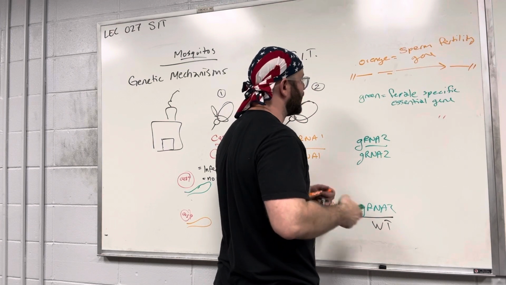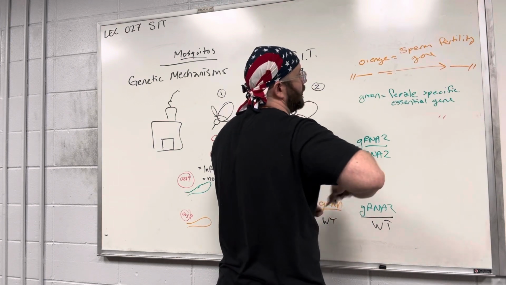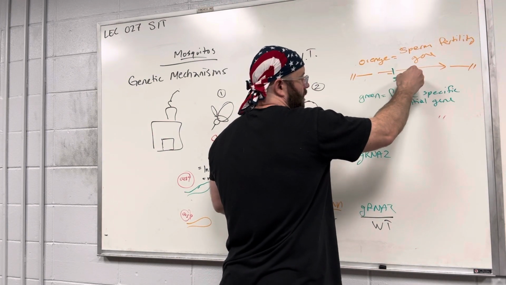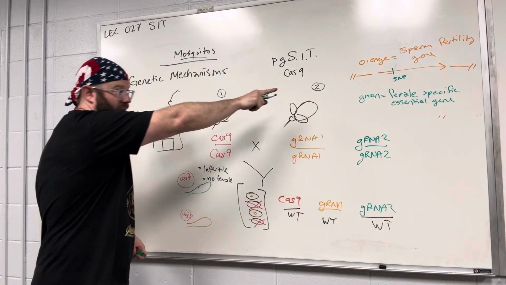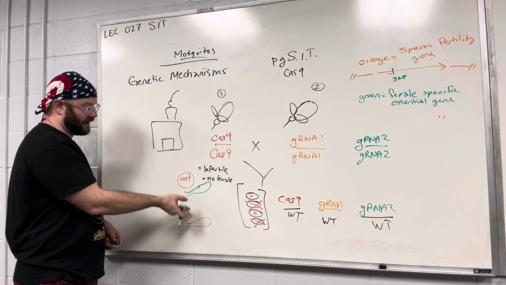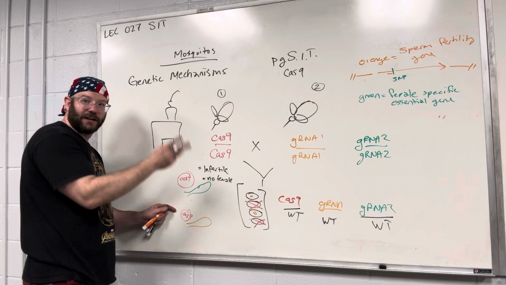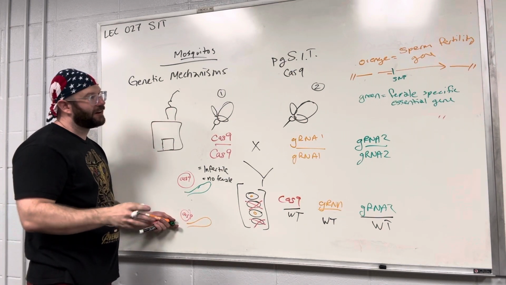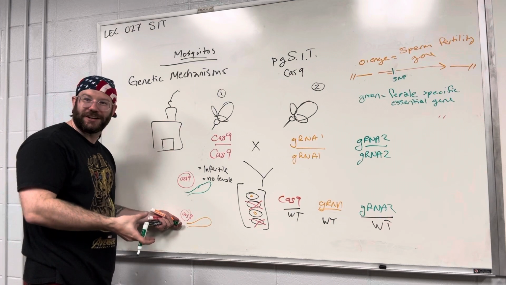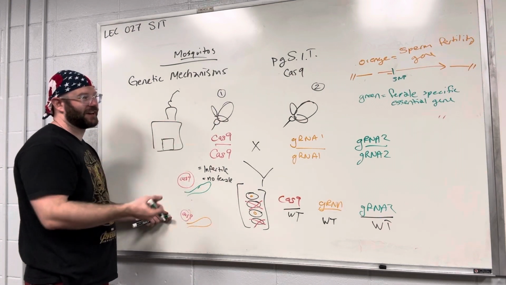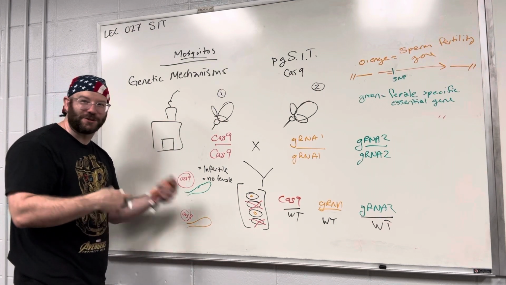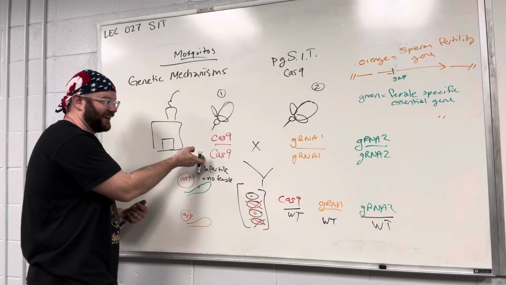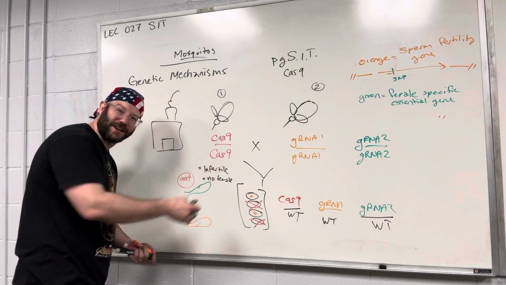If you get a single SNP mismatch, a mutation right there in that gene, that guide will no longer recognize that site. So you have now completely lost all infertility. This is now an insect that is reproducing just as normal as any other insect, but now it's carrying and spreading Cas9 alleles and guide RNA alleles.